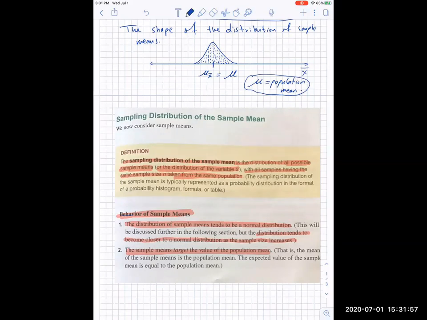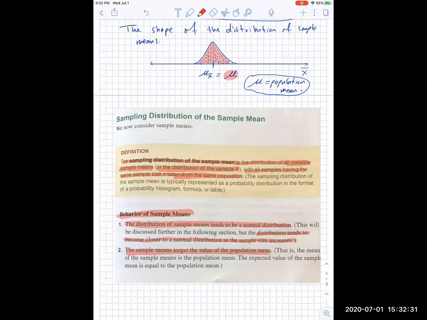So that tells me that all of these sample means are clustered around the center here, and that center is actually the population mean. See how close they are, very concentrated about the center, and the center is the population mean, right?